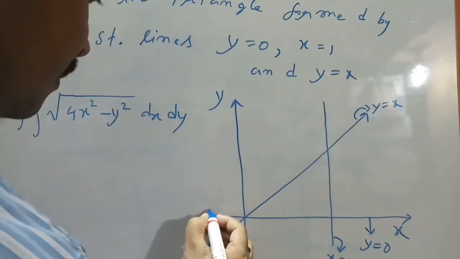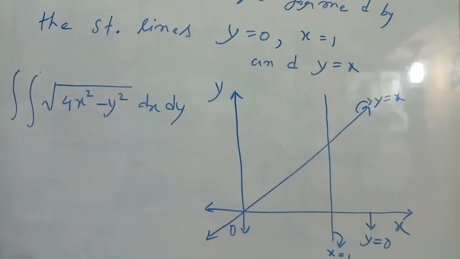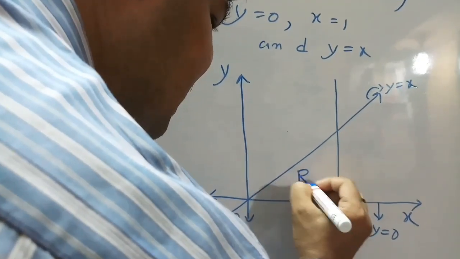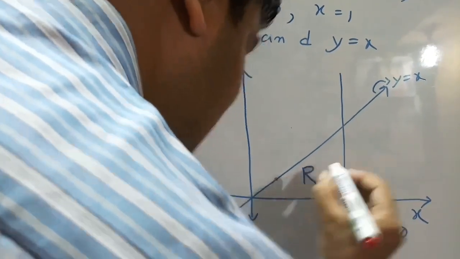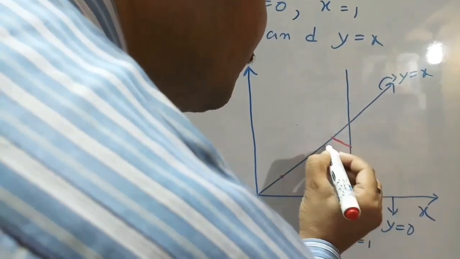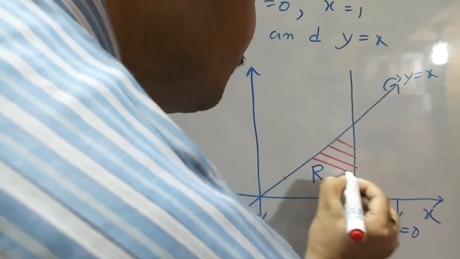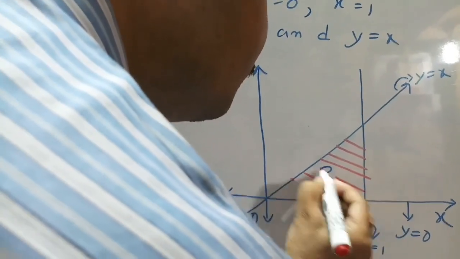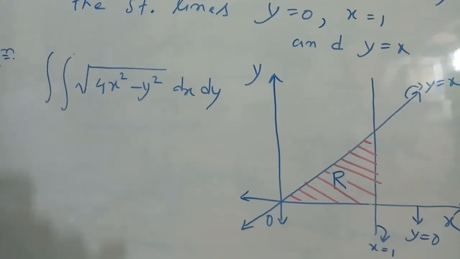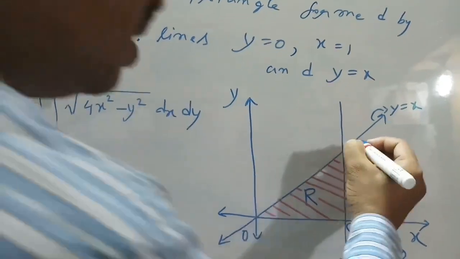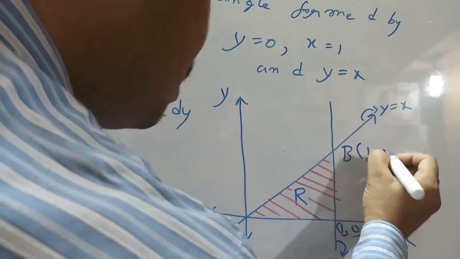This is the origin, and this is the region R, with the point 1, 1. We will find the double integral on this region.